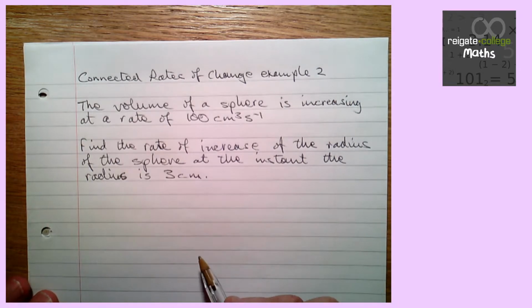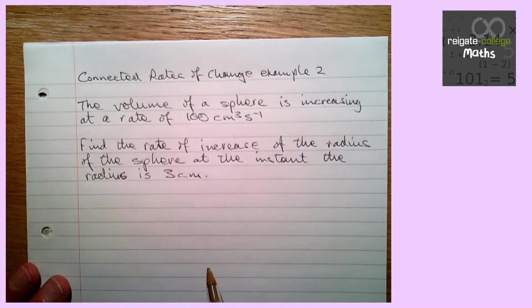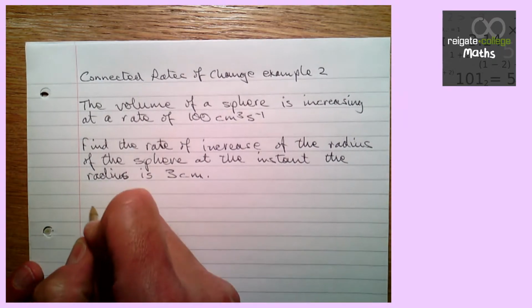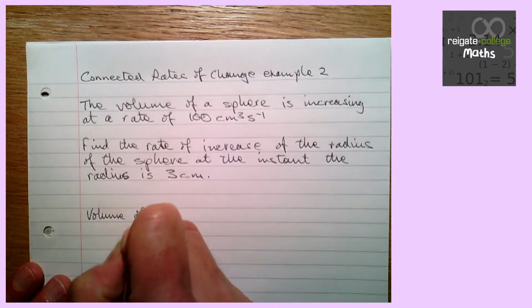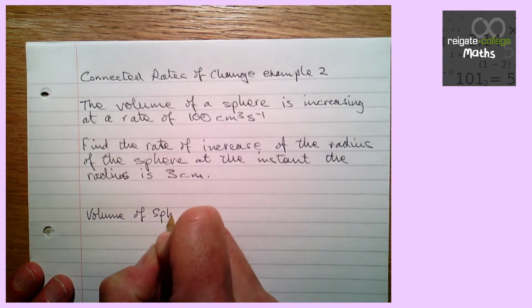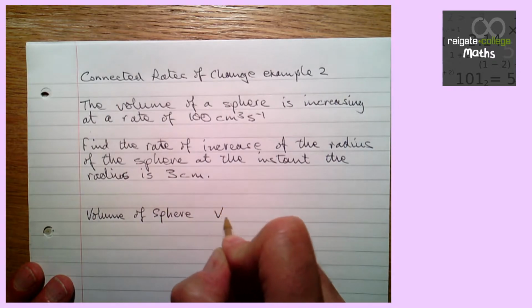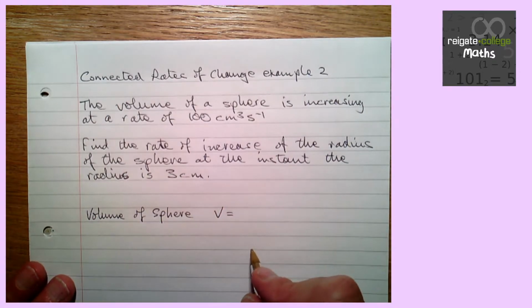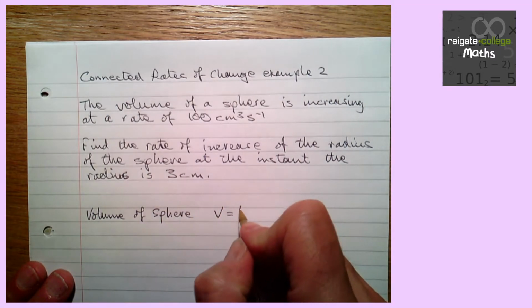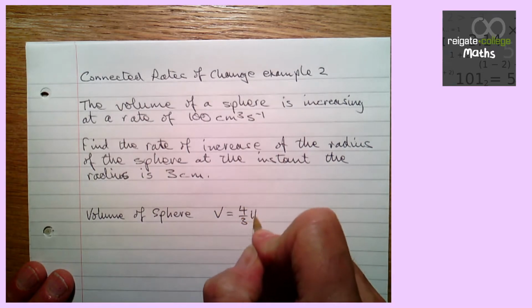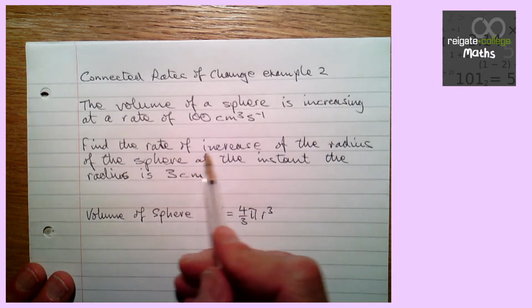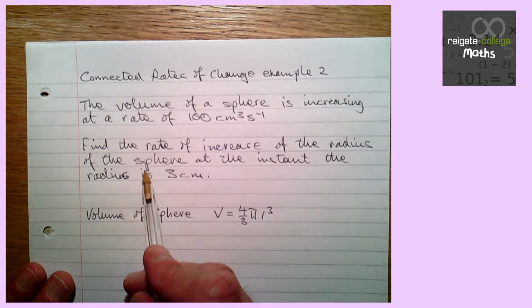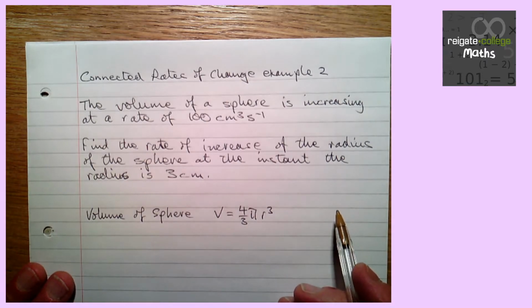So we're going to need the formula for the volume of a sphere, which is this: V is equal to 4/3 pi r cubed. Rate of increase of the radius of the sphere, so we want to find dr by dt.